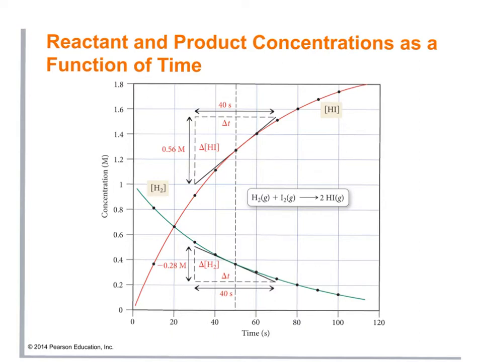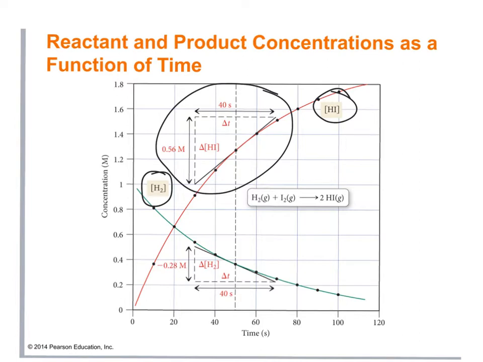The increase is going to be the product, and the decrease is the reactant. We can look at those at any point in time. This is talking about a 40-second increment and the change in concentration over the course of that time.